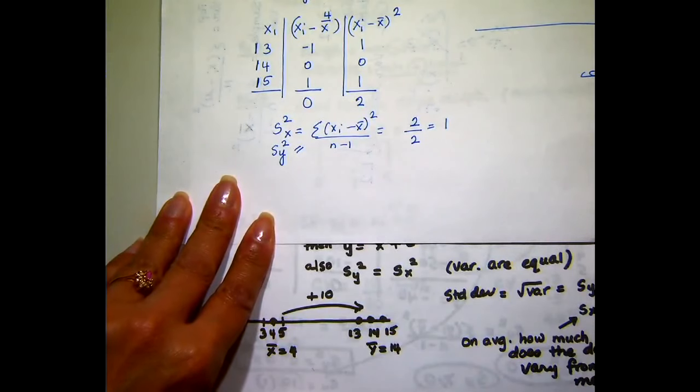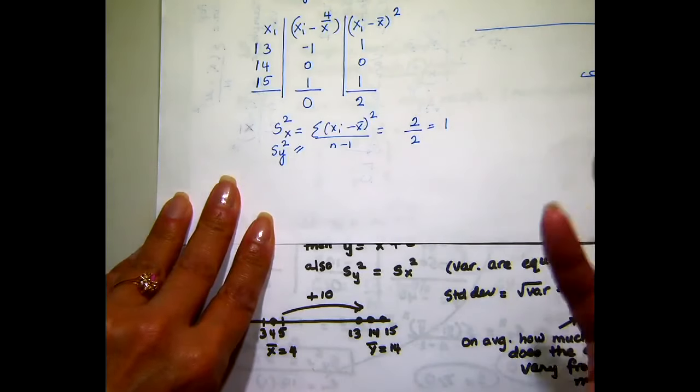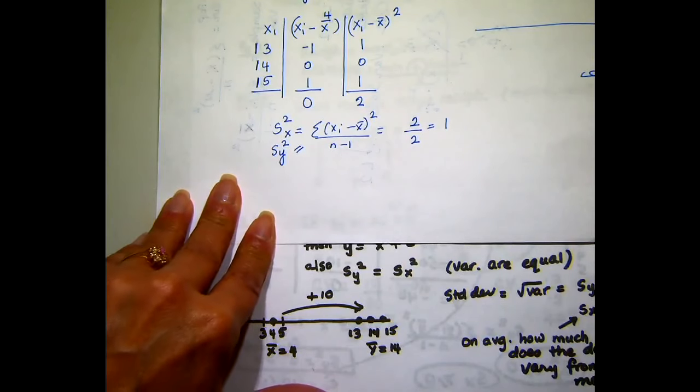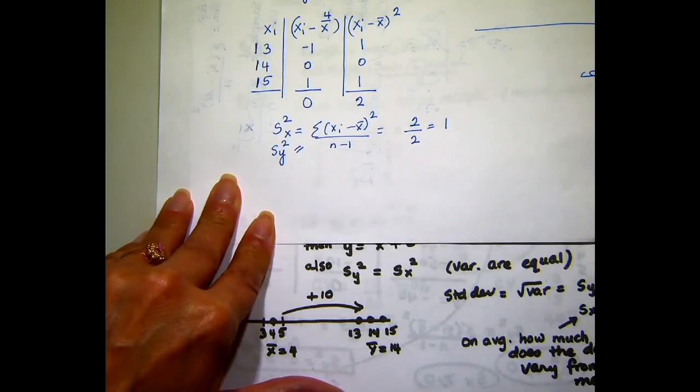So the sample variances are the same and the sample standard deviations are the same if you add a constant to any data set. Make sense? Yes or no? Do you have any questions?